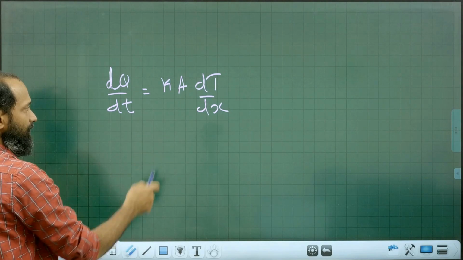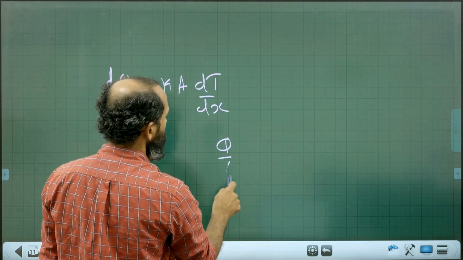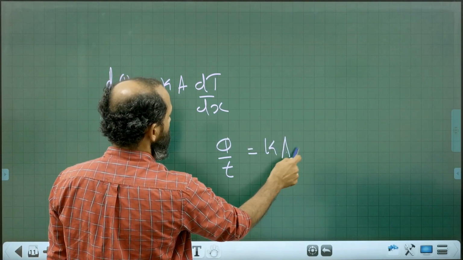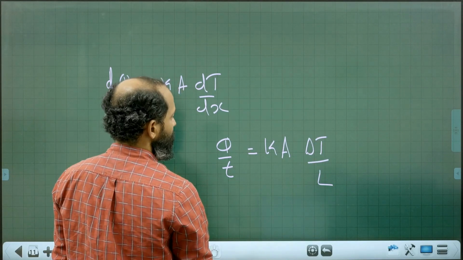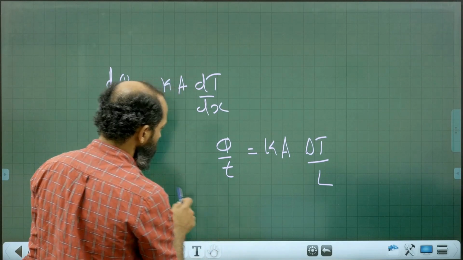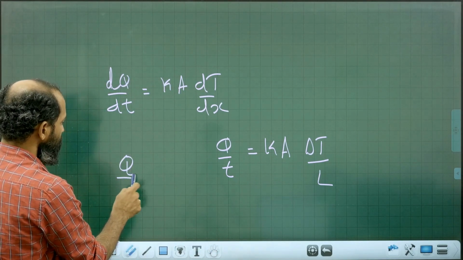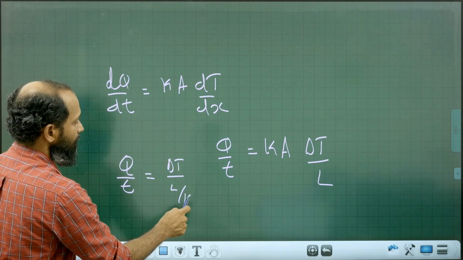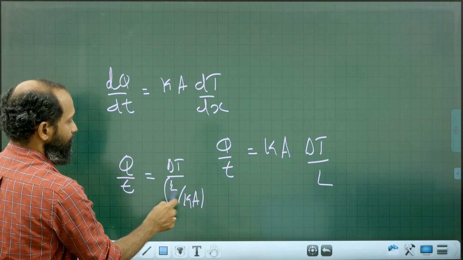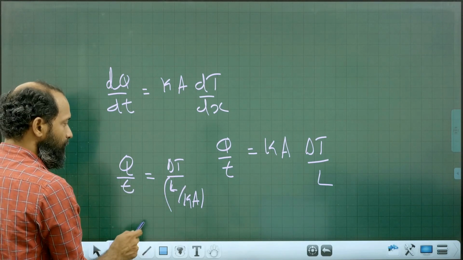Okay, like this it can be written, or as earlier, Q by T equals K A delta T by L. Here we can rearrange it to be like this: Q by T equals delta T divided by L by K A. It is of the form of Ohm's law.